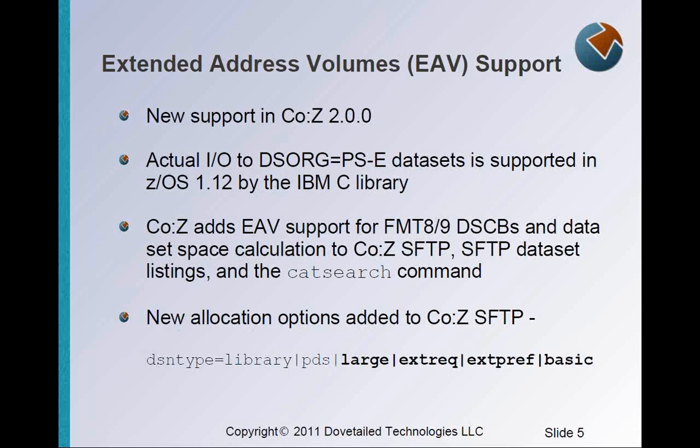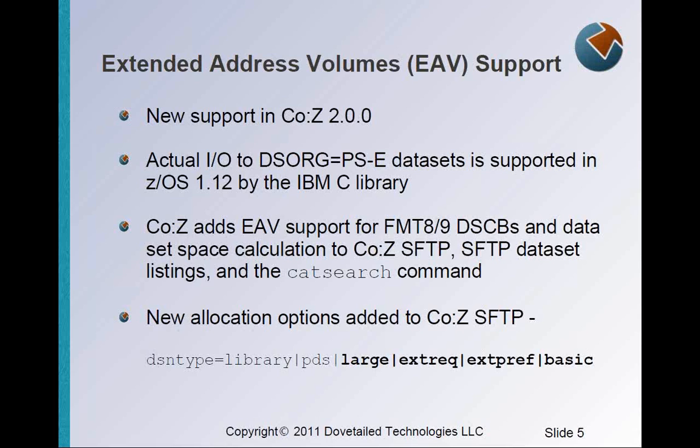That support, of course, is in z/OS 1.12. So if you have 1.12, with this release you can have physical sequential data sets that have huge numbers of cylinders above the cylinder managed space, above the line of the volume, and we will handle that correctly.